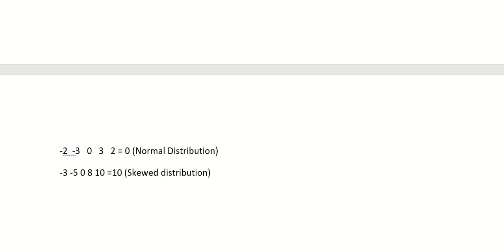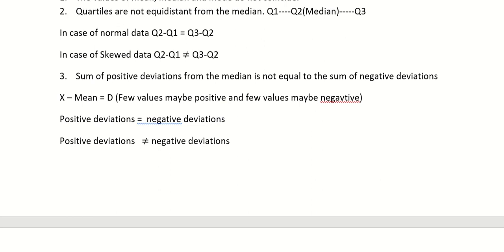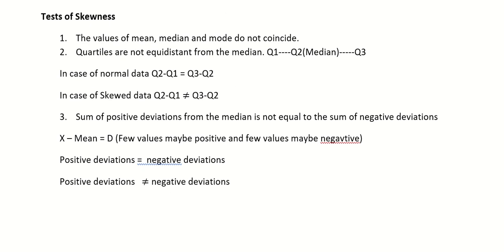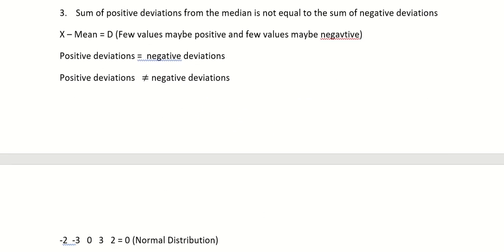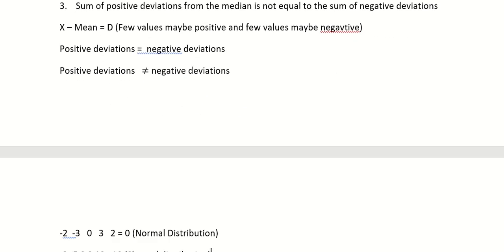If the answer is not 0, then it is called skewed distribution. So this is the third test of skewness. The first test was mean, median, and mode are not same. Second is Q2 minus Q1 is not equal to Q3 minus Q2. And the third test is positive deviations are not equal to negative deviations. So we have these three cases.